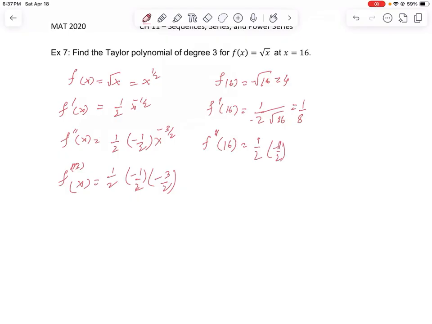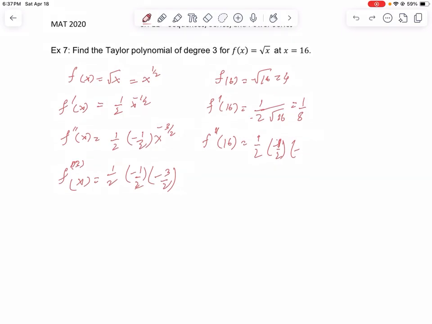Actually, there is another way to look at it. We will do that in a few minutes. Negative 1 over 2 times negative 3 over 2? No, not yet. 3 over 2 is coming in the next one. It's 1 over square root of 16 cubed, or you can say 16 raised to 3 over 2 in the denominator.